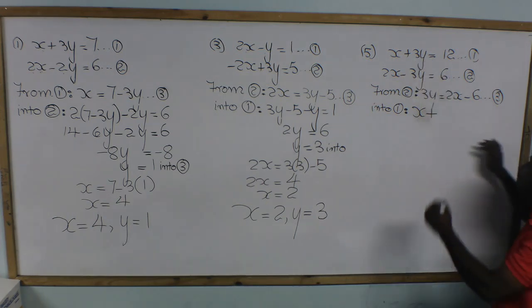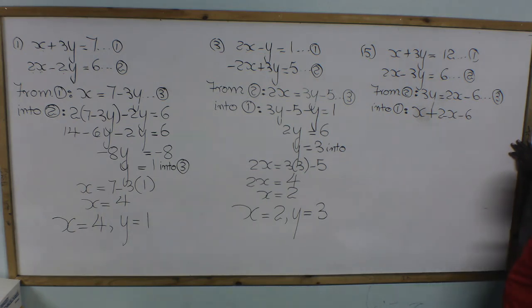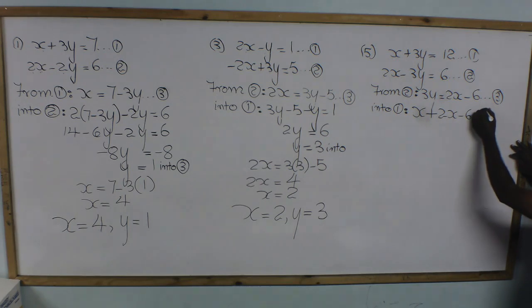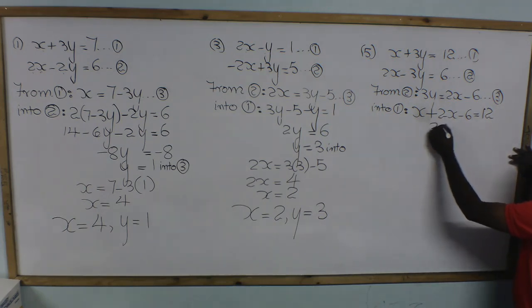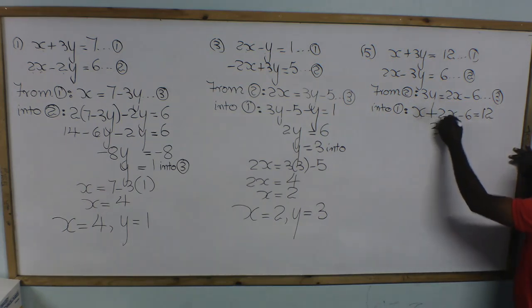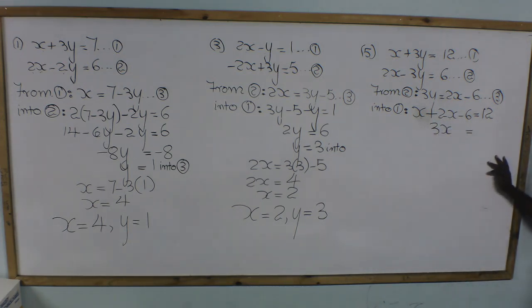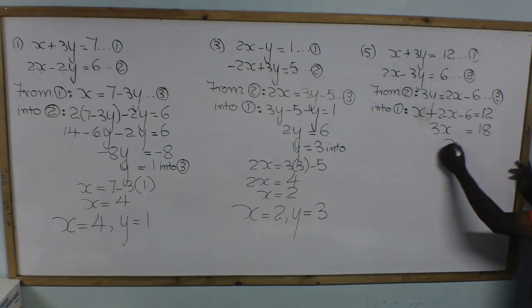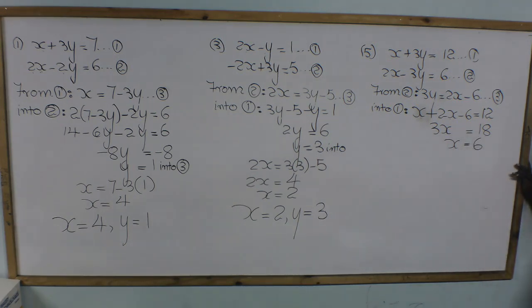So where you see this 3y, you put 2x minus 6, and that is equal to 18. So what do you say now? 3x. So x plus 2x is 3x, equals 18. So x is equal to 6.